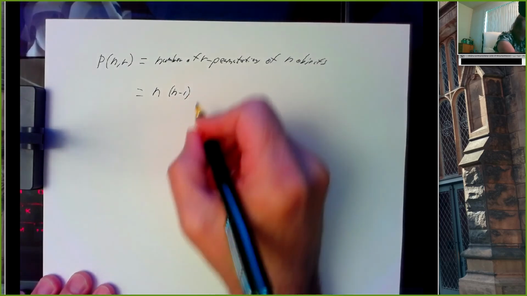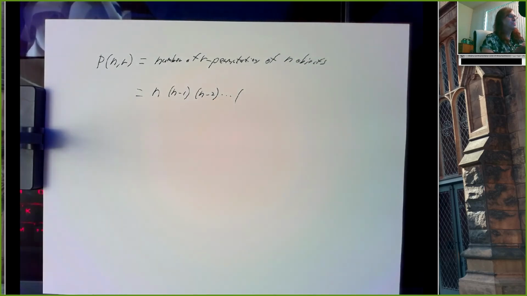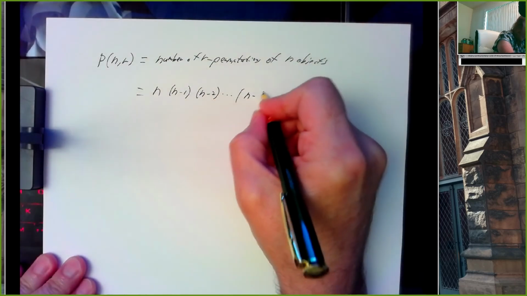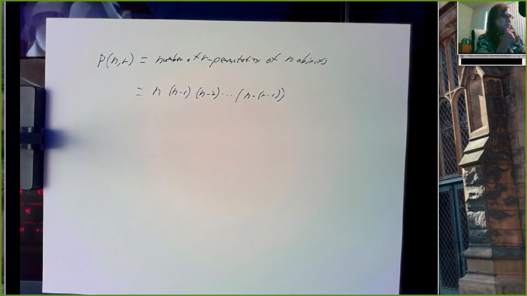And then the third object, and so on, all the way down to the rth object, where there's going to be n minus r plus 1 ways. And this is unpleasant to work with.